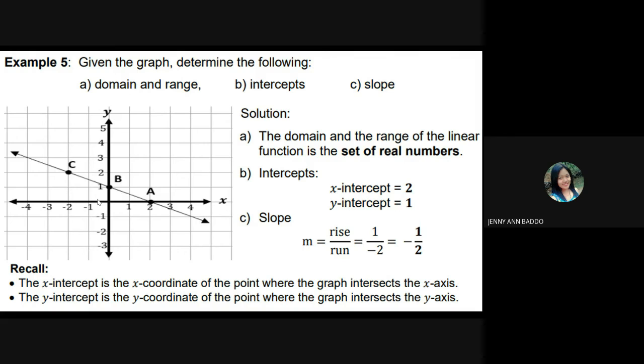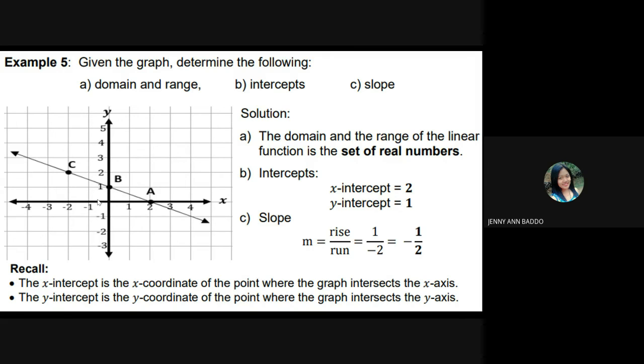You can use the symbol or name it using words. For the symbol, we have the domain equal to the set containing x such that x is an element of R. And for y or the range, we have R is equal to the set of y such that y is an element of the real numbers or R.